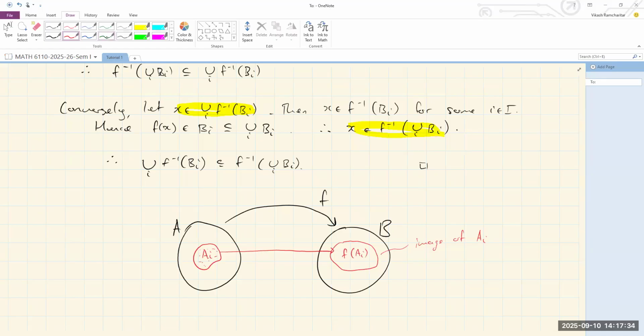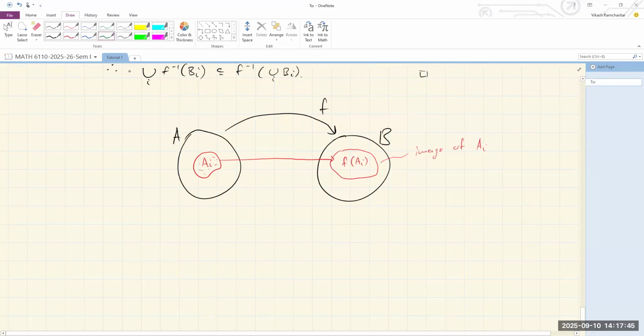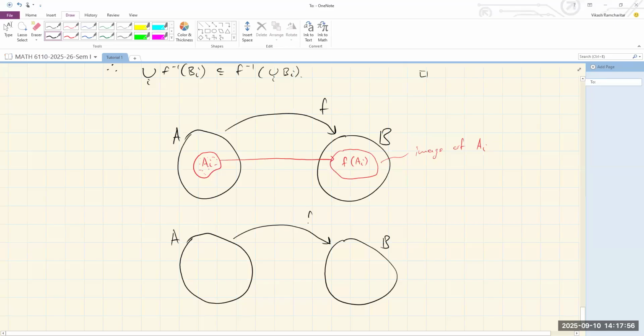Now, what is the pre-image? Notice for the image, I drew A_i first. The pre-image is slightly different. Let me draw a new diagram for this one. Once you have a good intuition about how the image and the pre-image of these functions work, doing that proof is not too difficult.